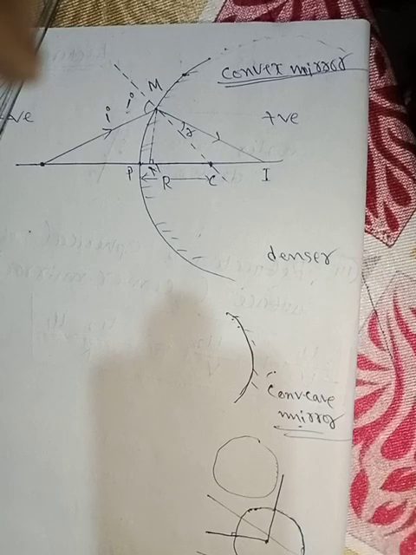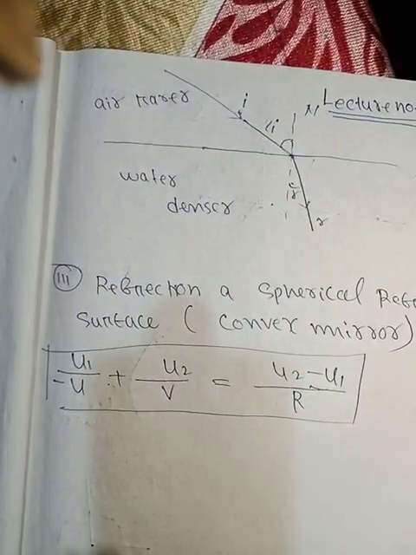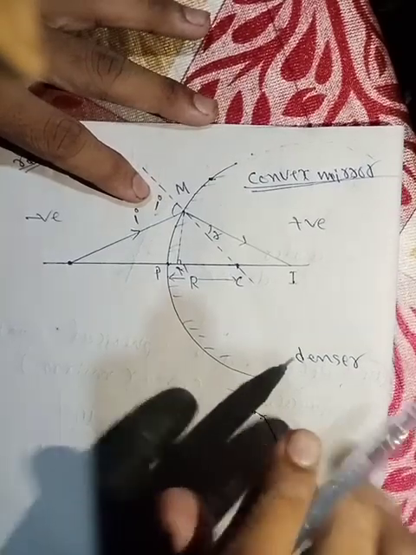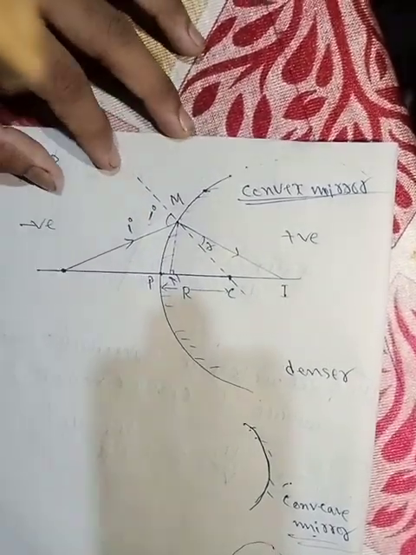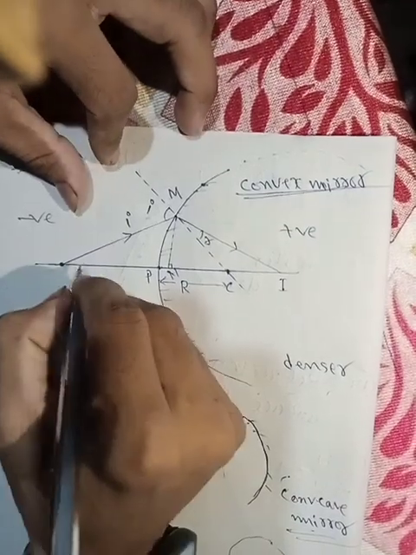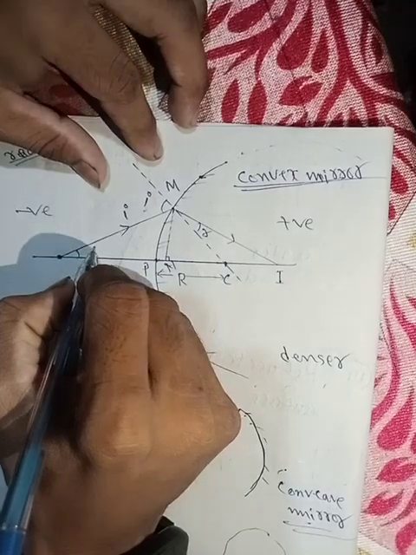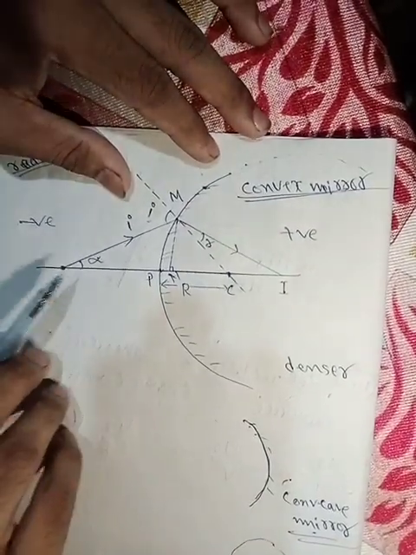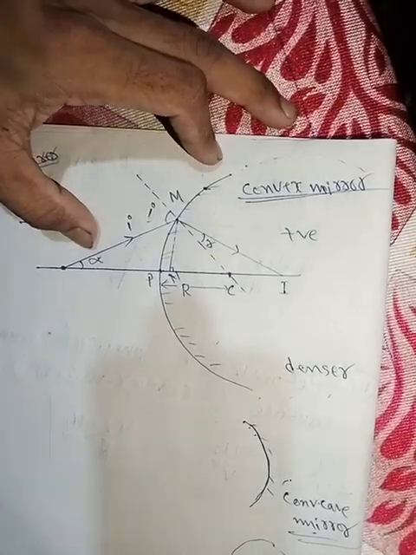To derive this very important equation, you need to consider some small angles. Let's say this small angle is alpha, attached to the principal axis.